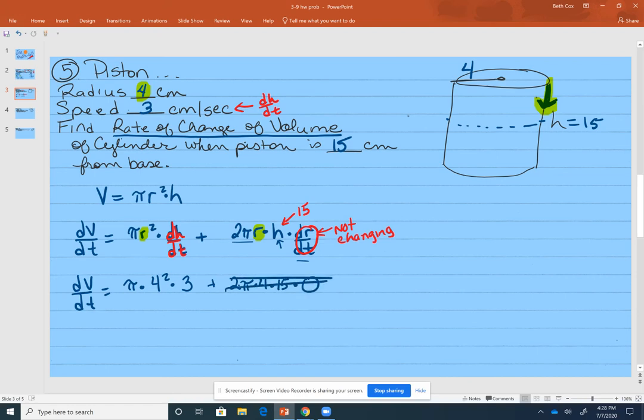We don't need that. Oh yeah, and our speed is going down, isn't it? Our dH dt is negative. I forgot that part. Because it's going down. Our volume is decreasing. Our height is decreasing. Okay. All right, and so that's it. So when I type this in, I get 16 times negative 3 times pi.